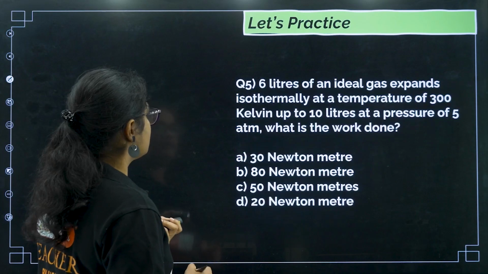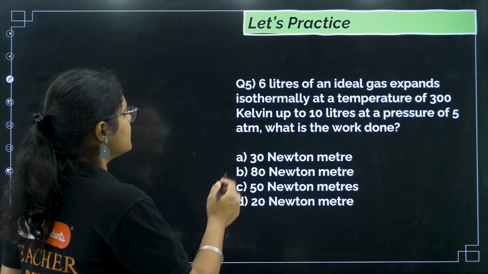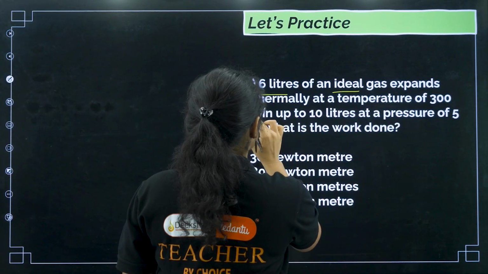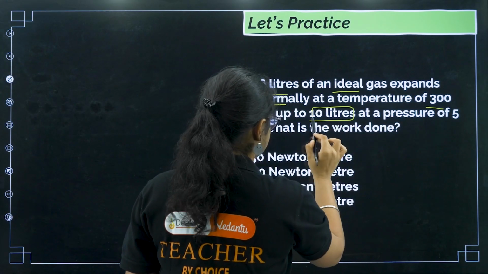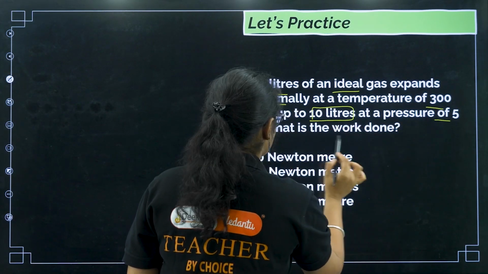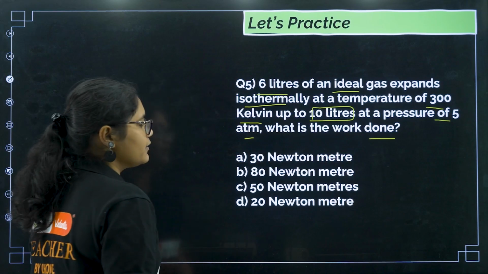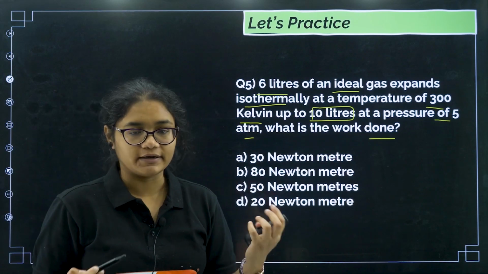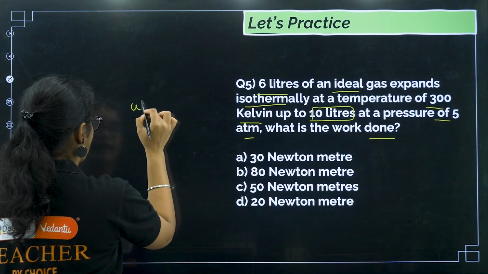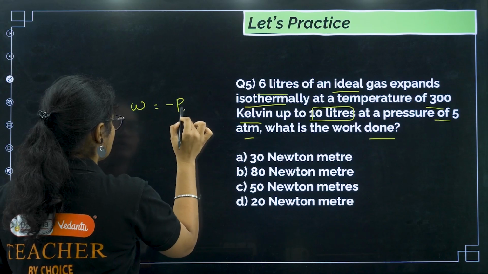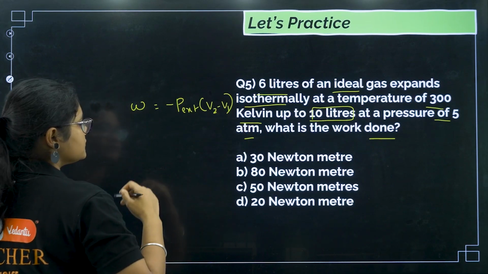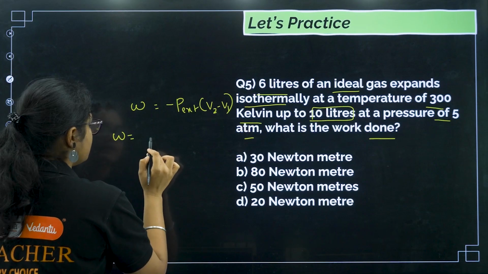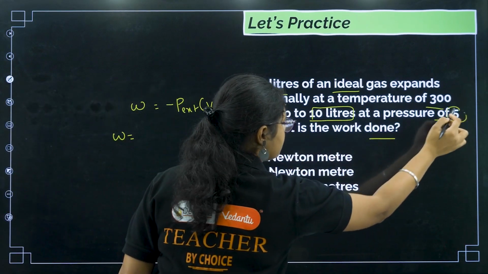Now let us see the next question. 6 liters of an ideal gas expands isothermally at a temperature of 300 Kelvin up to 10 liters, at a pressure of 5 atm. What is the work done? Work done is equal to minus P external into V2 minus V1. The external pressure here is 5 atm.